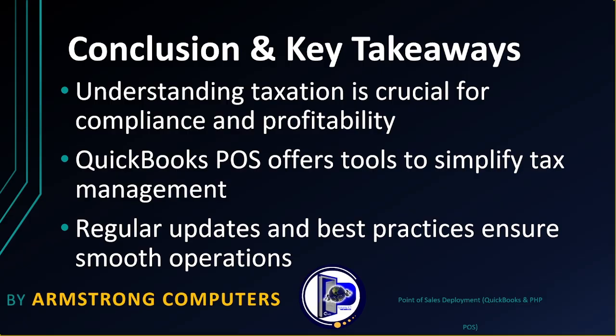Then you again compute 1% of the same amount to give you your COVID levy. Now, after computing all this, you add up all these amounts. When you add up the National Health Insurance, COVID levy, and GETFund, it gives a total we call total levies. Those total levies, you add to your sales revenue.